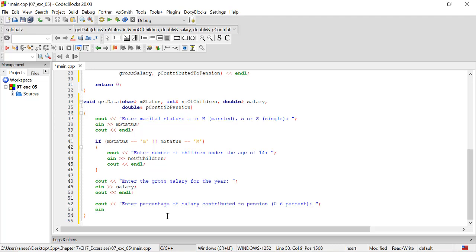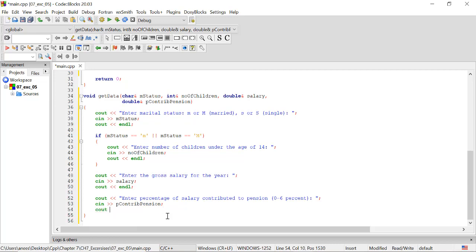And then we cin percentage contributed to pension, cout endl.